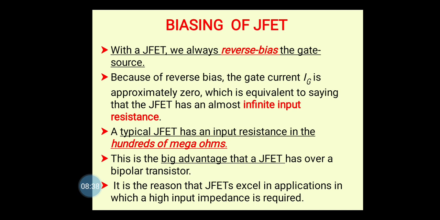So the negative polarity of the voltage source will be connected to the gate, and the positive polarity will be connected to the source. So the gate is always reverse biased, and because of that the gate current is approximately 0. Minimum current flows through it, and therefore we can say that it has very high input resistance, because where there is very low current there will be high resistance.